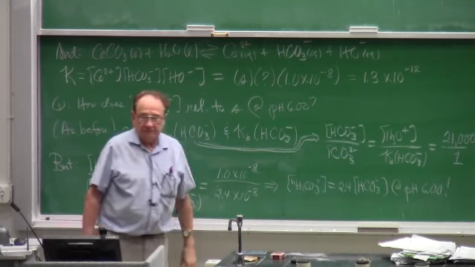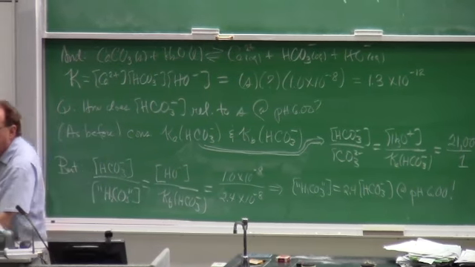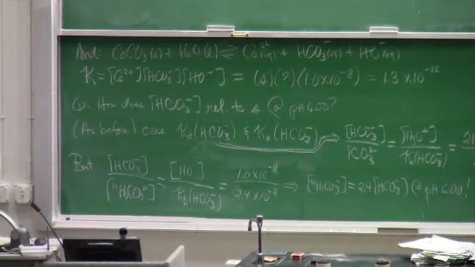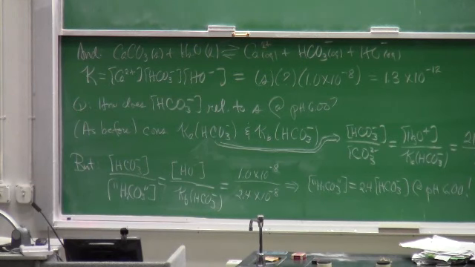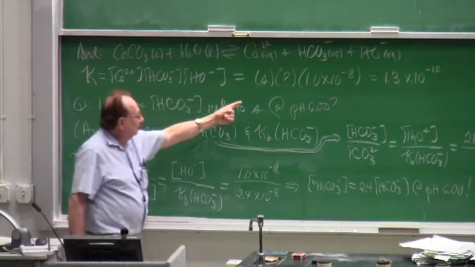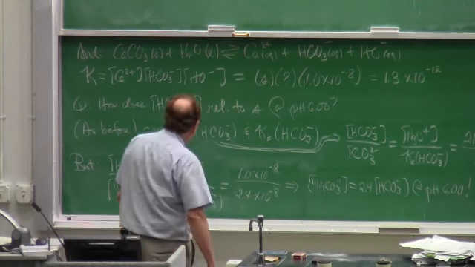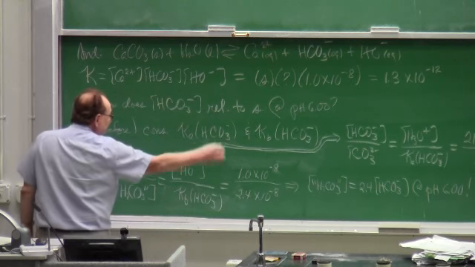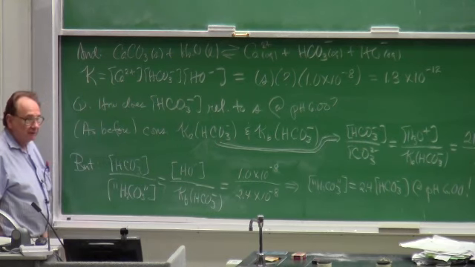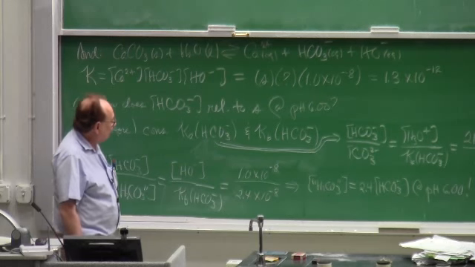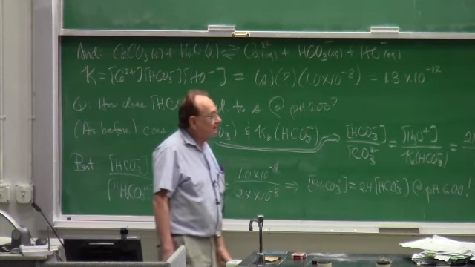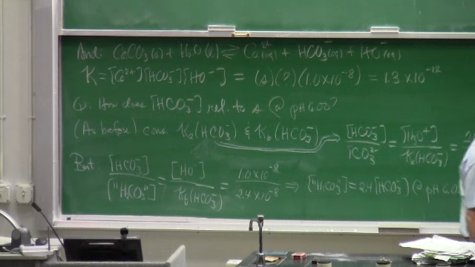So if we can figure out how at pH 6 the bicarb molarity relates to S, then we will reduce this equation to one unknown, namely S, and solve it for S. So I wrote this is our question, and as we did before, to resolve the issue, because what we're looking at is all possible forms of carbonate-containing things as a function of pH.